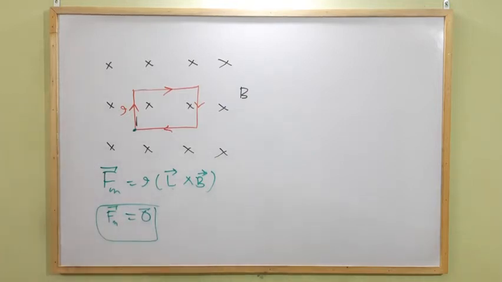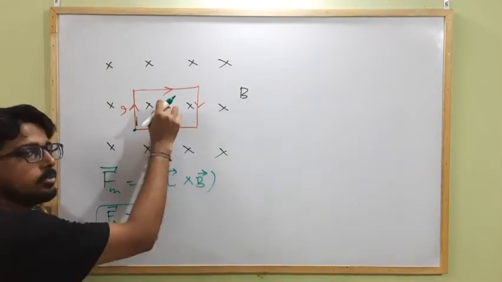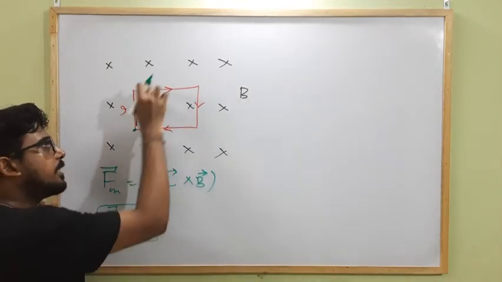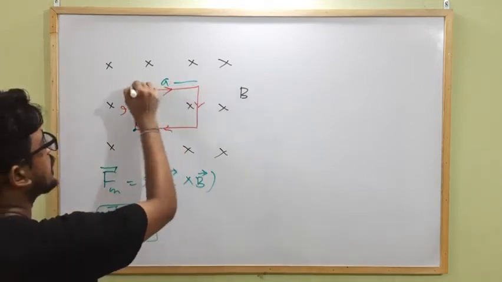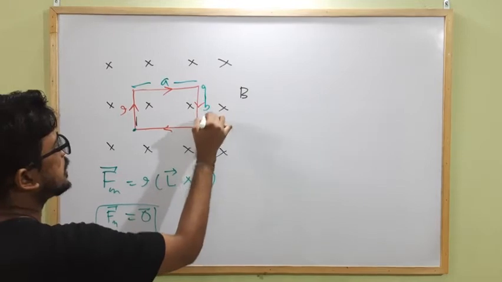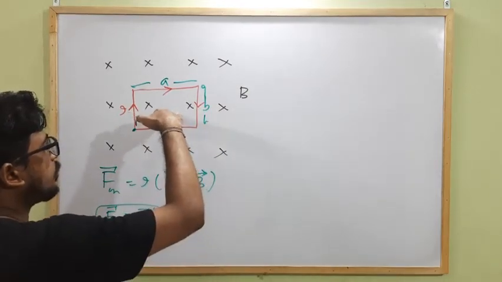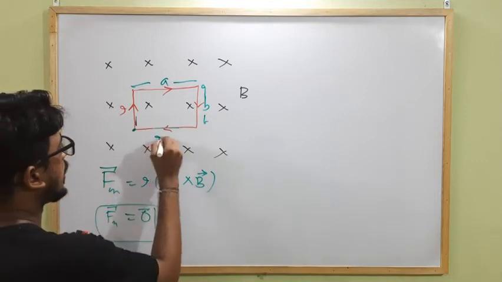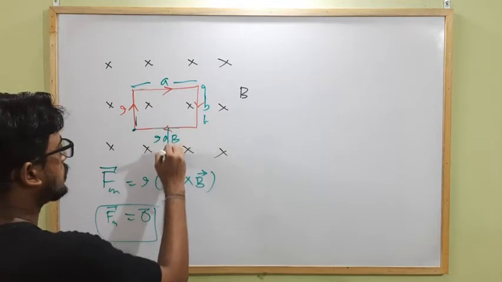Clear? The net force acting on this will be 0, but for each and every component the force will be different. If I consider the length as A and the width as B, then for this side the force will be magnetic field strength into current, with current towards the left, so it will be I A B, direction downward.